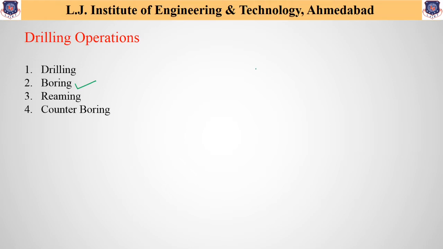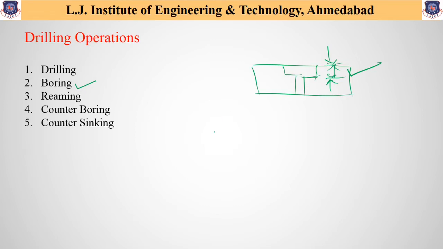But if on any workpiece we want to enlarge the hole up to a certain depth only, then this enlargement of hole up to a certain depth is called the counter boring operation. So there is a slight difference between boring and counter boring operation.